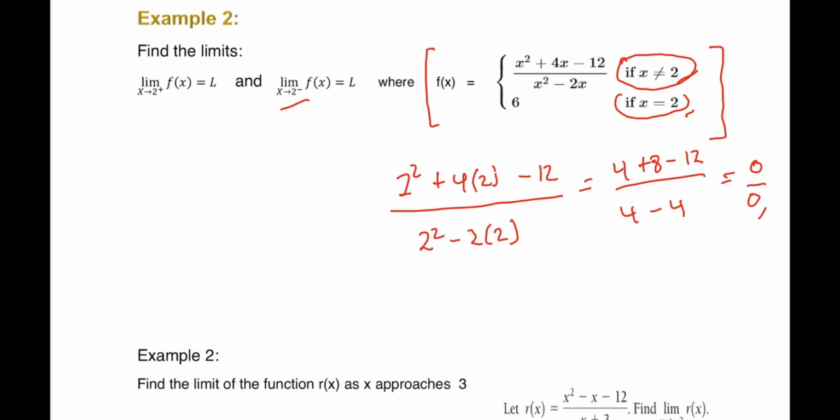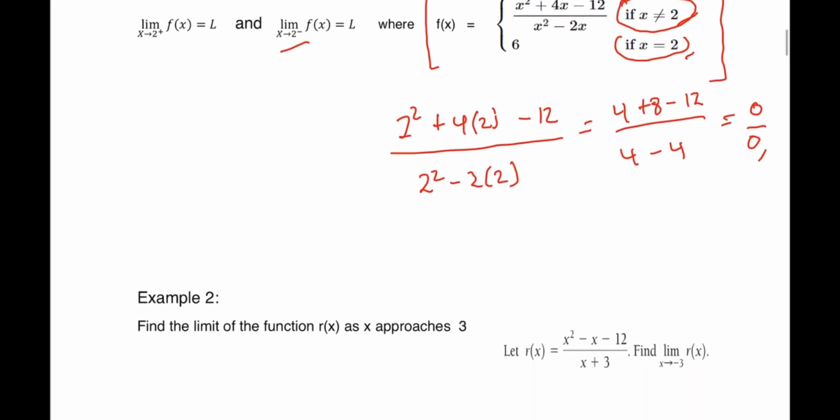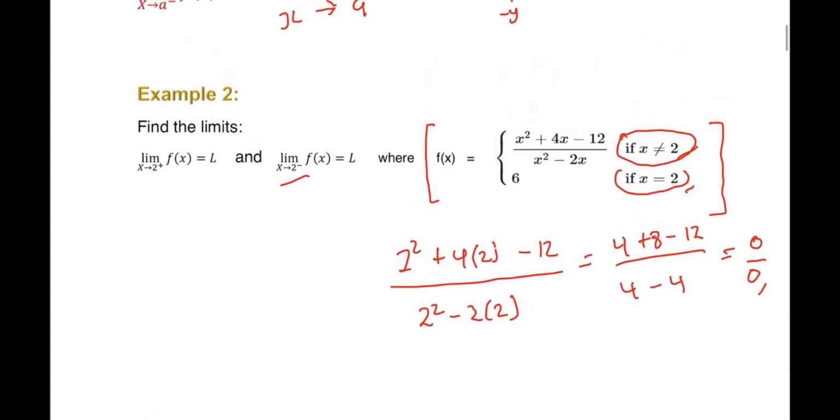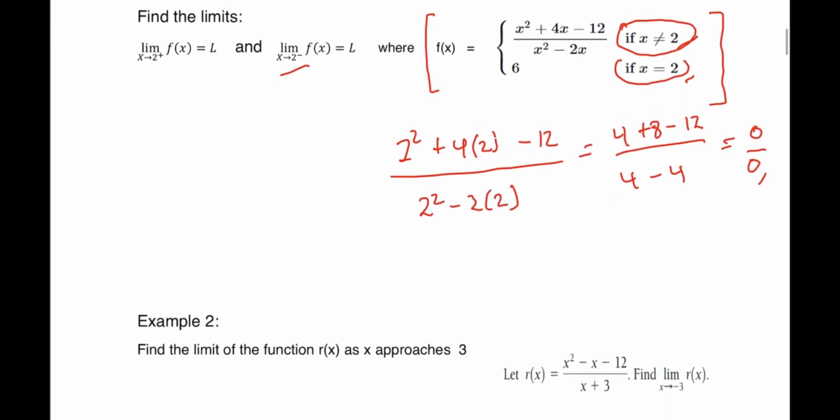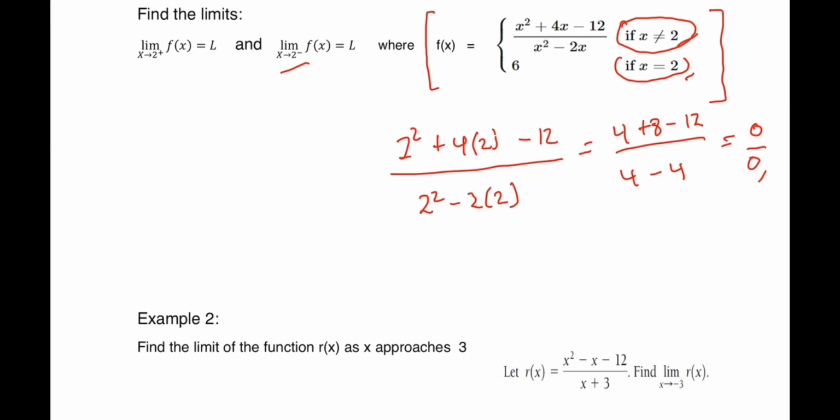Since x is not equal to 2, based on our previous definition, when you are doing the neighborhood analysis it's not necessary that x should equal 2. That's why the condition tells you that x is not equal to 2. So for the neighborhood analysis, we are going to use the tabular or numerical approach. This is something simple to do.